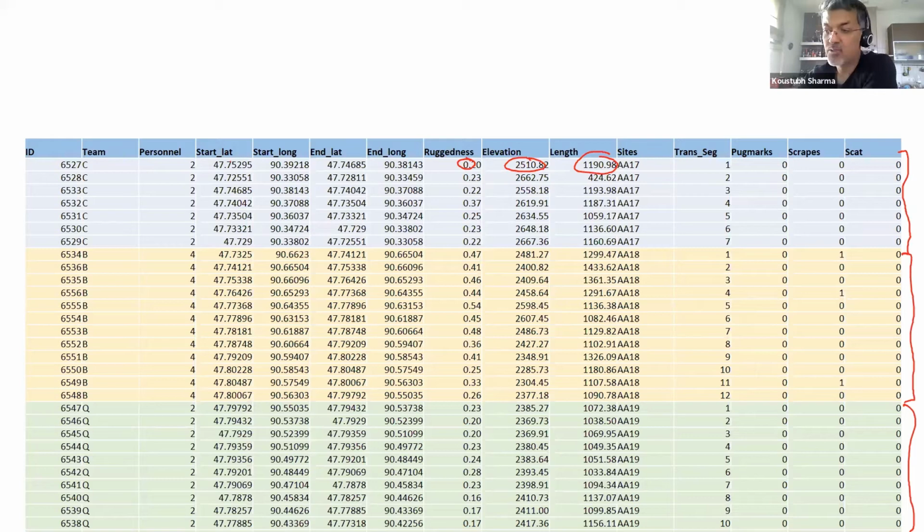It's perfectly fine to have your data organized like this in the starting, because then to transform this into a detection history is a very simple thing. You can do it in R. You can even do it using a pivot table in Excel if need be. But that's basically how you collect and enter the data for a sign survey in a certain habitat.